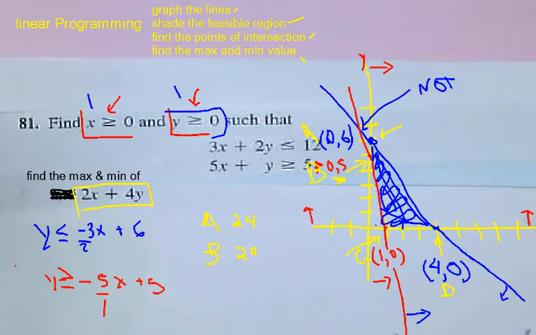Alrighty. Point C, 1, 0. 1 goes in here, and 0 goes with the Y, so 0 times 4 is nothing. That's 2. How about point D? 4, 0. 4 times that's 8, and 0 times 4, there is nothing.